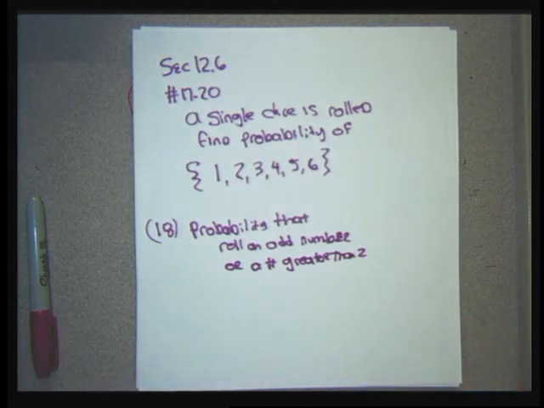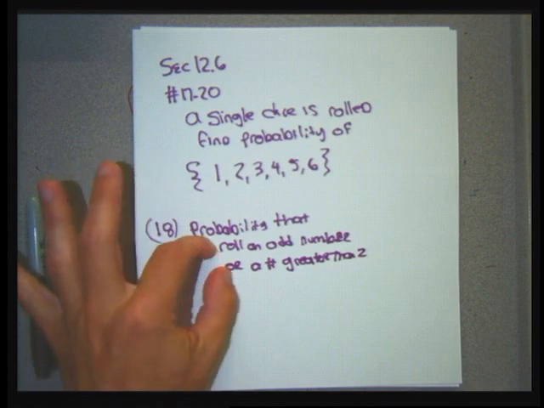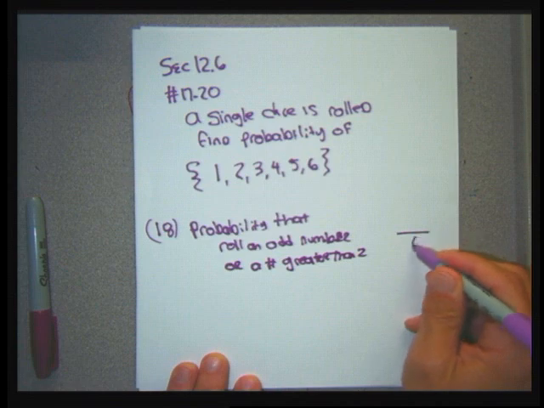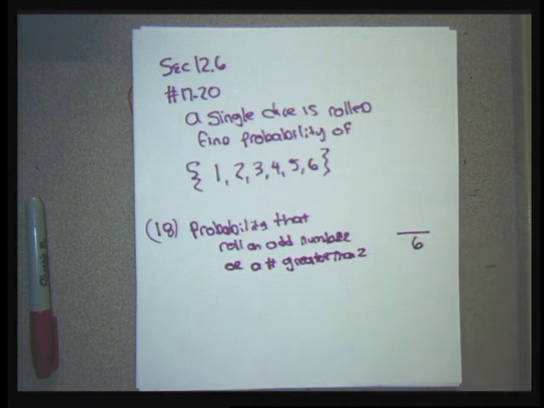So or means it could satisfy the first criteria, the second criteria, or it could satisfy both criteria. My probability is going to have a denominator of 6 because there's 6 things that can happen.